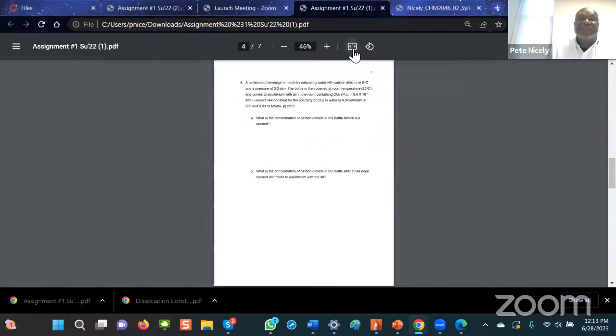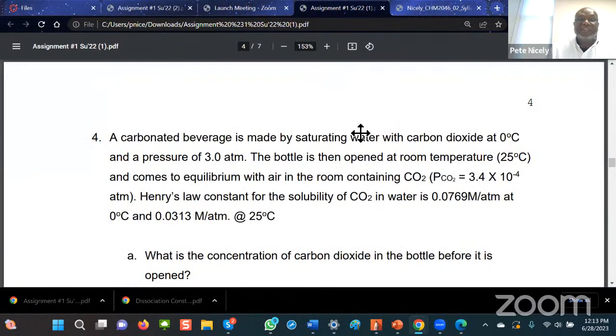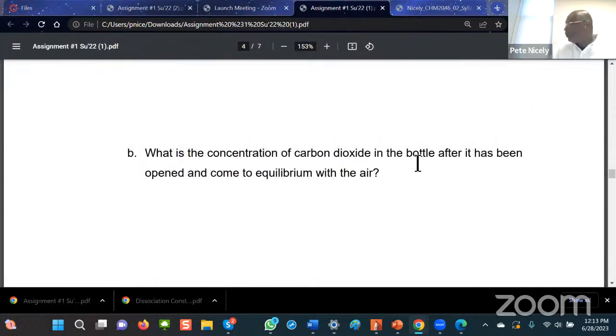Let me make this larger. So for question number 4, B, it says, what is the concentration of carbon dioxide in the bottle after it has been opened and come to equilibrium with the air?